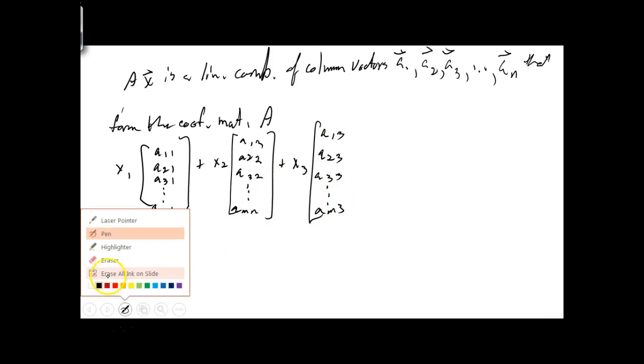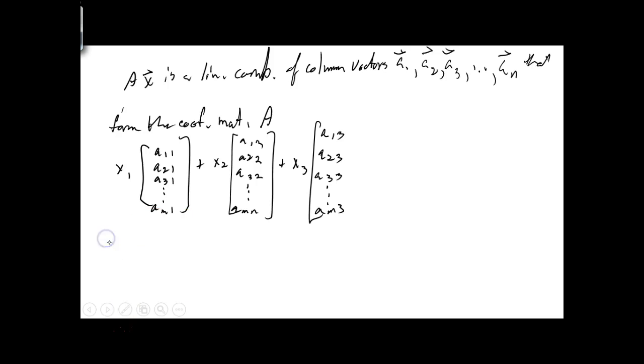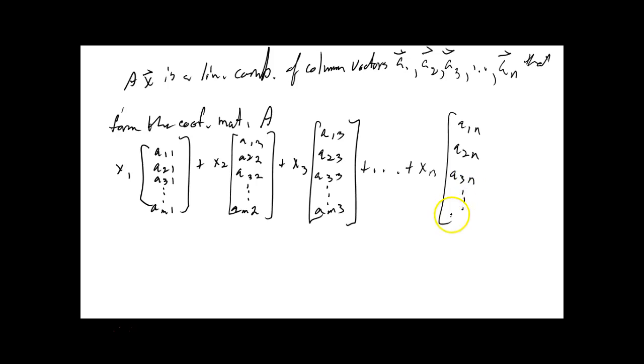For some reason I have M2, MN here. Wrong one. That's a 3. Plus dot, dot, dot, plus x sub n times A sub 1 n, A sub 2 n, A sub 3 n, dot, dot, dot, down to A sub m n. That's your linear combination.